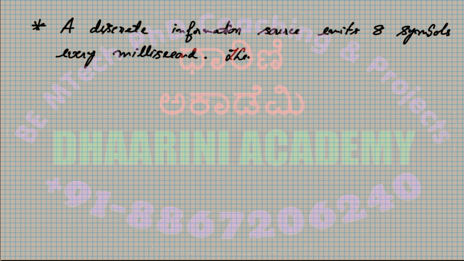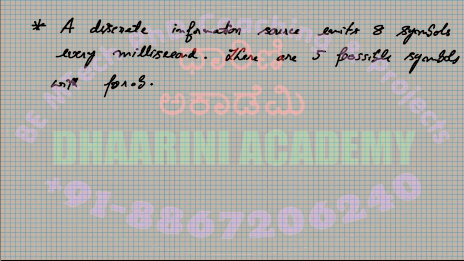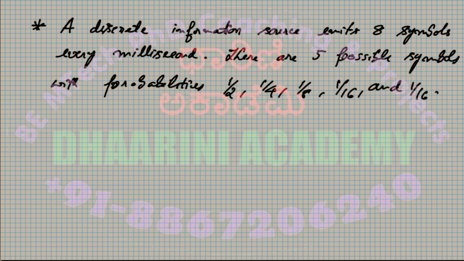There are 5 possible symbols with the probabilities 1 by 2, 1 by 4, 1 by 8, 1 by 16, and 1 by 16.